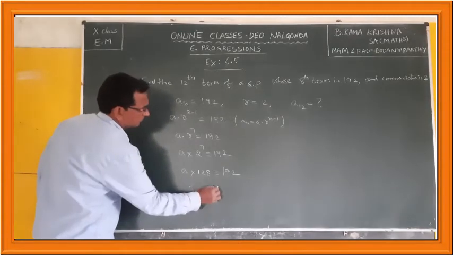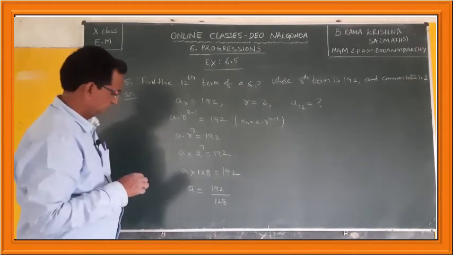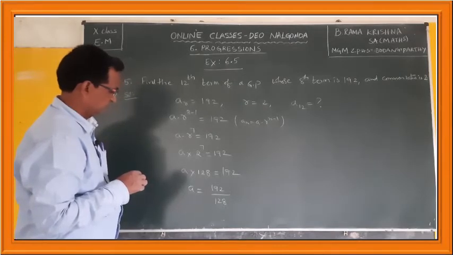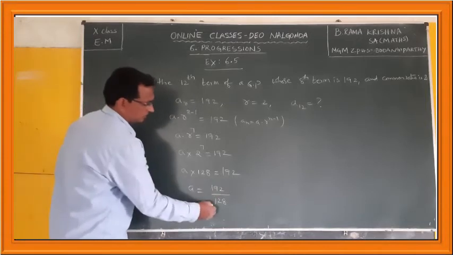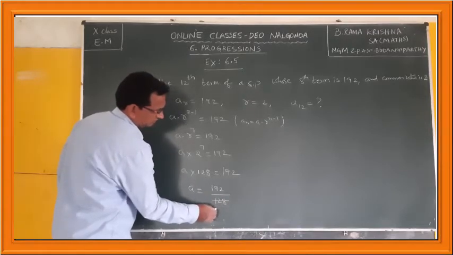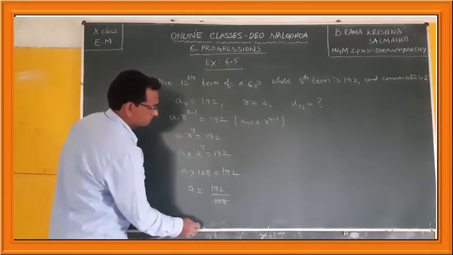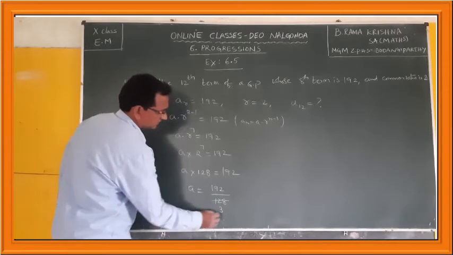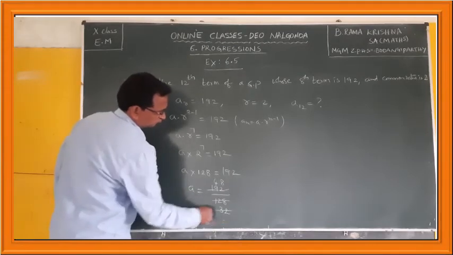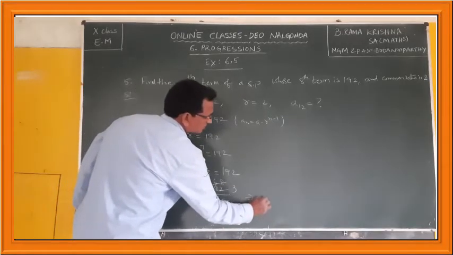A is equal to 192 by 128. If you simplify this, we can divide by 64. 64 2s are 128, 64 3s are 192. Implies A is equal to 3 by 2.